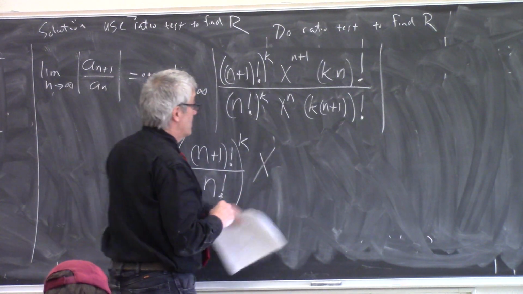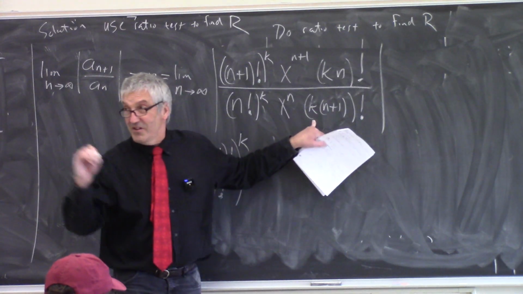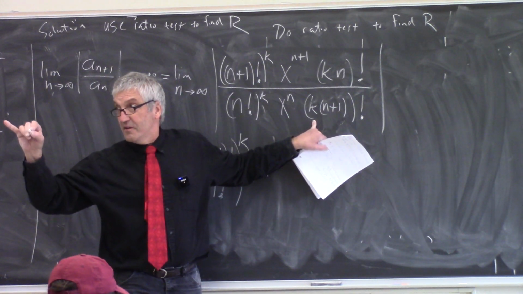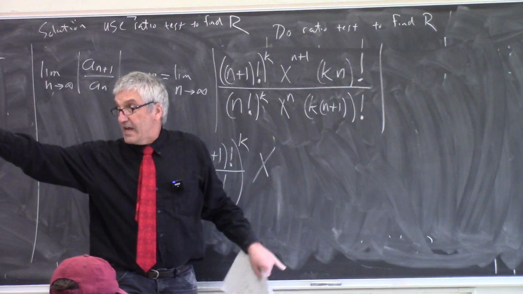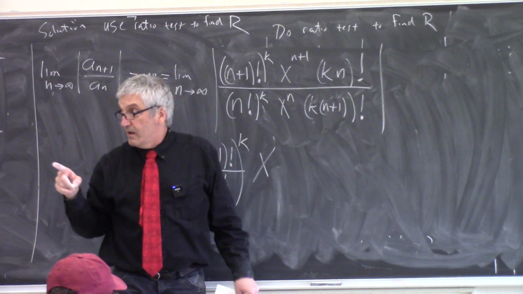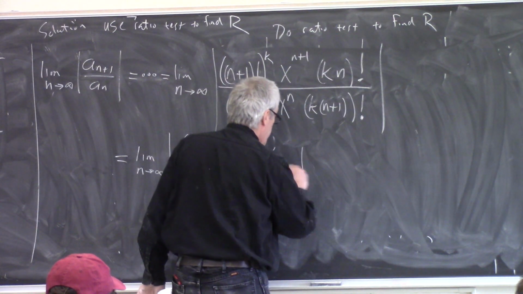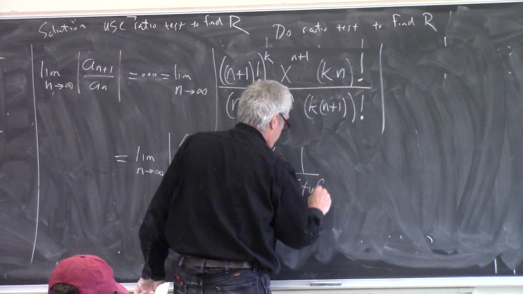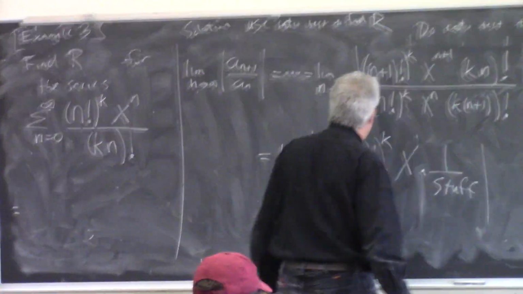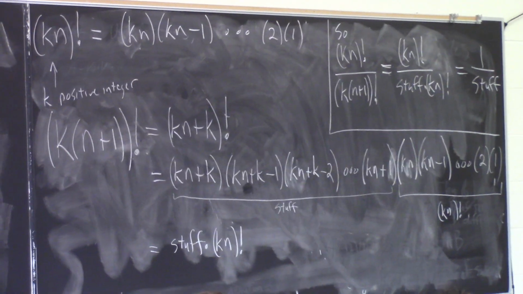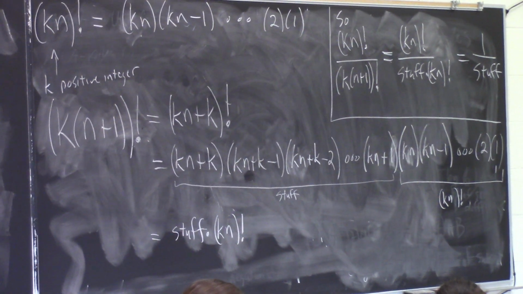And then k n factorial over k times n plus 1 factorial is going to be 1 over stuff. That stuff is a big messy thing, and I don't want to write it here because I'm going to write it again over here.